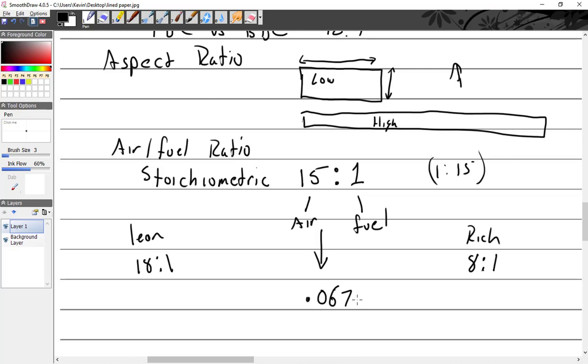What is 8 to 1 as a decimal? 0.125. And what is lean as a decimal? 0.0555555556. I can just go 5.6.